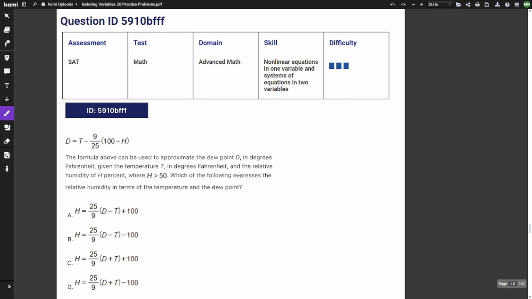Question number 16. We have this equation, and we want to get h by itself. So d is equal to t minus 9 over 25 times 100 minus h. Alright, first thing we're going to do is move this t over. So subtract t from both sides. d minus t is equal to 9 over 25 times... Oh, wait, this is actually negative 9 over 25. 100 minus h.